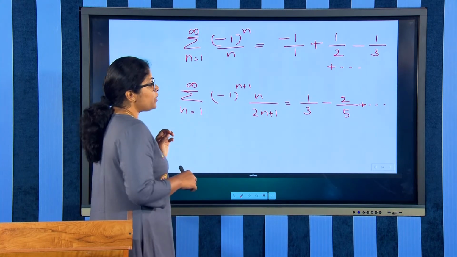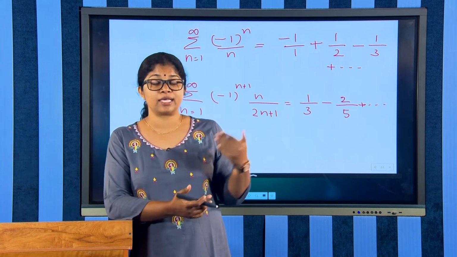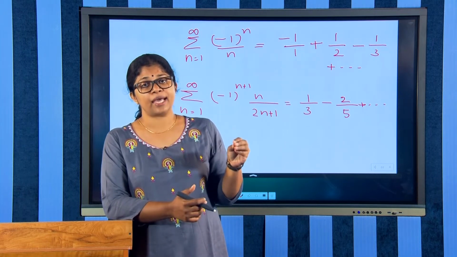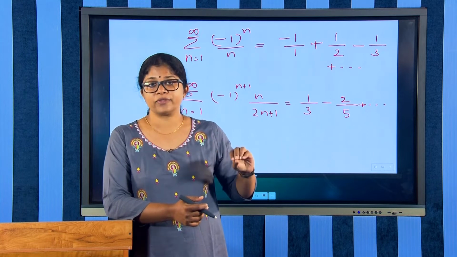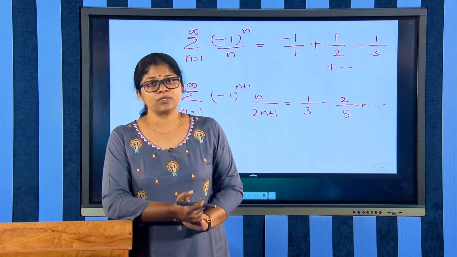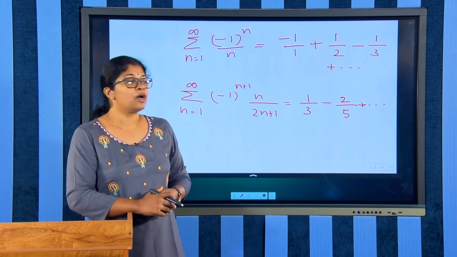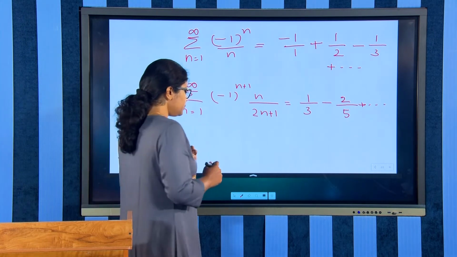Now, in the case of infinite series, we have studied that a series sigma xn converges if the nth term of the series goes to 0 as n tends to infinity. So, let us look at these two examples and see whether we can get a similar result here also.